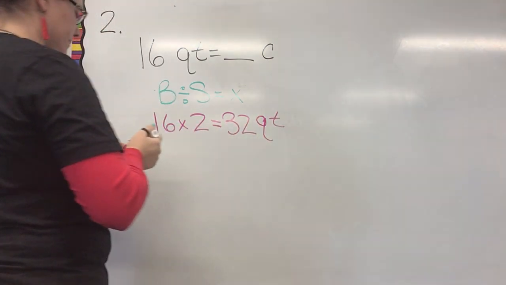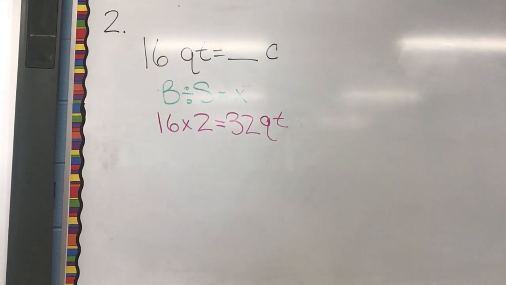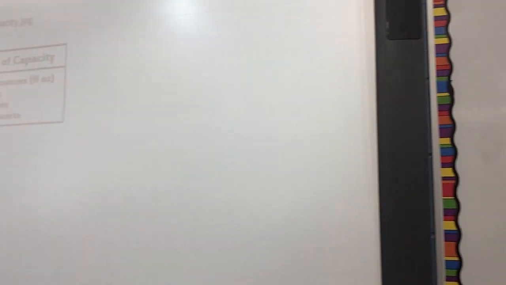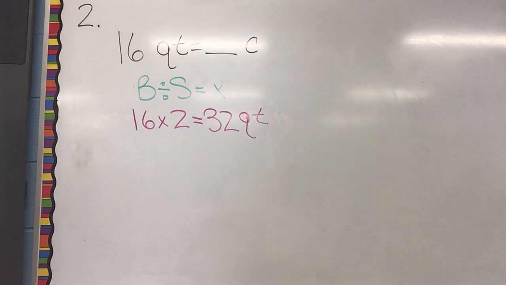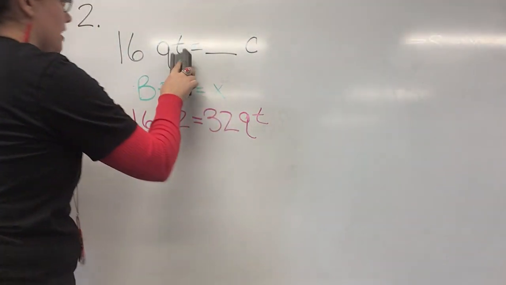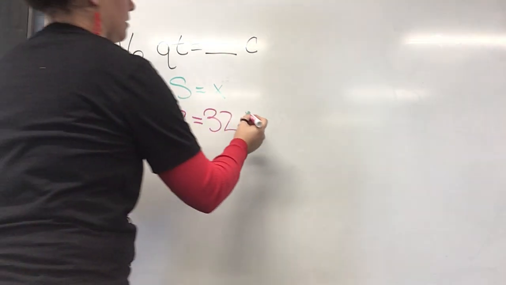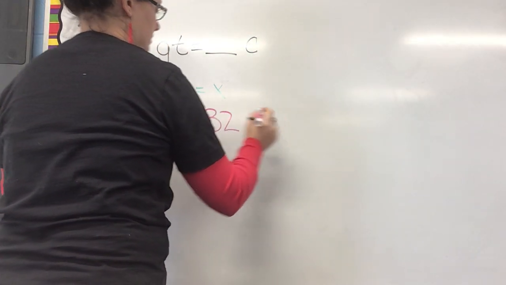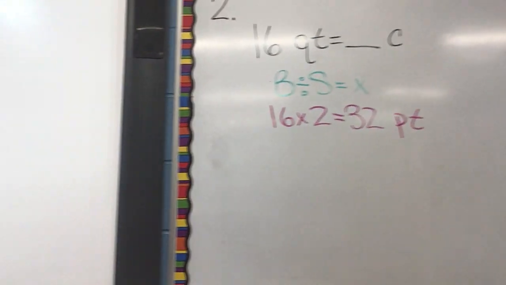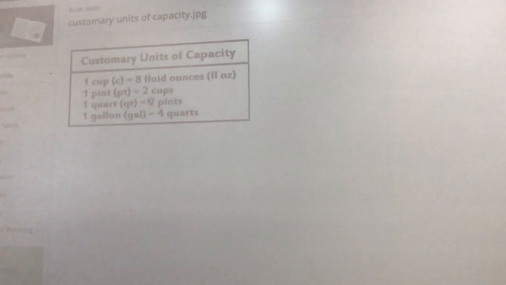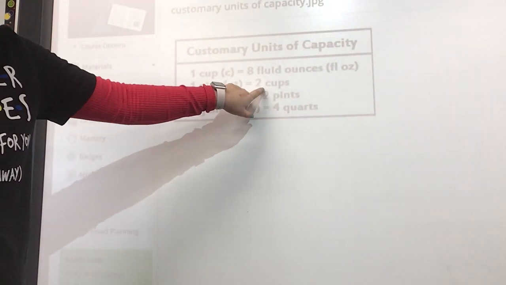QT for quarts. But are they in quarts? No. Wait, we're not in quarts here, because we already had quarts. We converted these quarts into pints. I said pints. PT for pints. There we go. All right. How many pints to a cup? 2. 1 pint equals 2 cups.